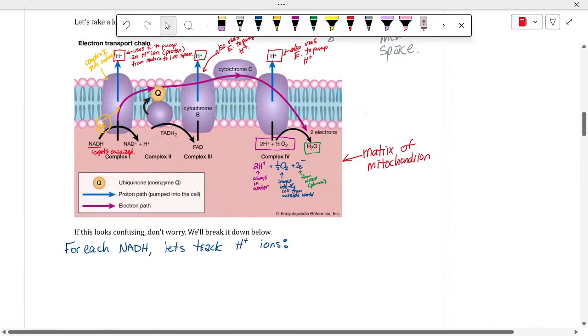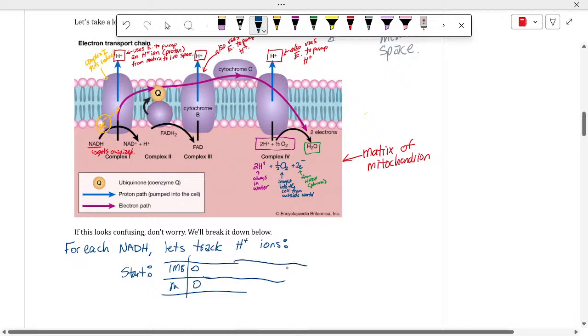Altogether, what happens? Well, how many do we pump out? So if we assume that we started, these numbers aren't real, but let's assume that we start with the intermembrane space and the matrix. Let me try this again.